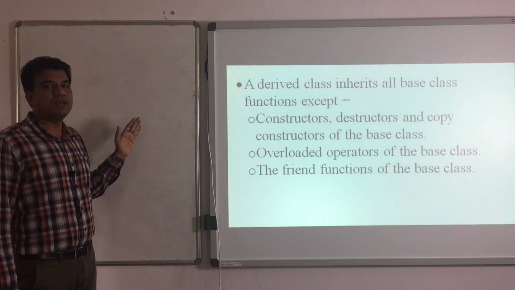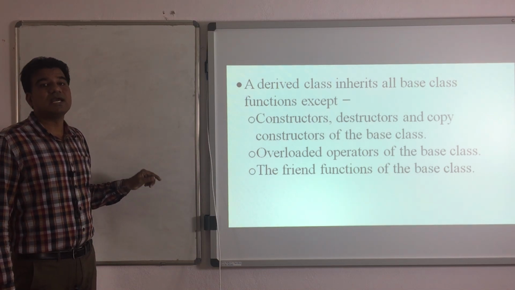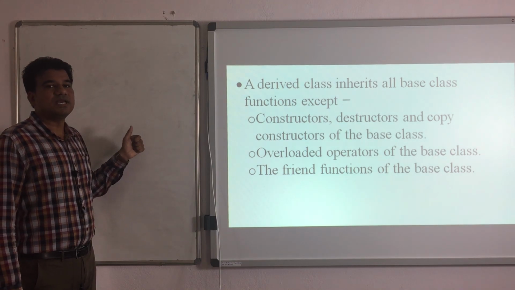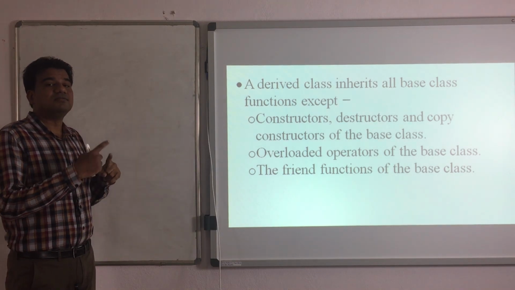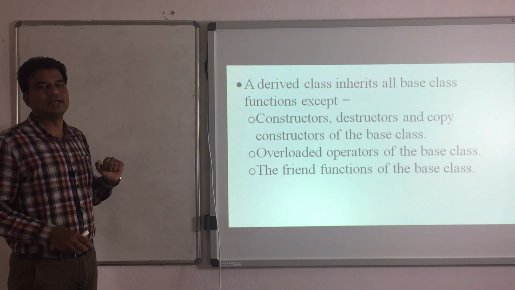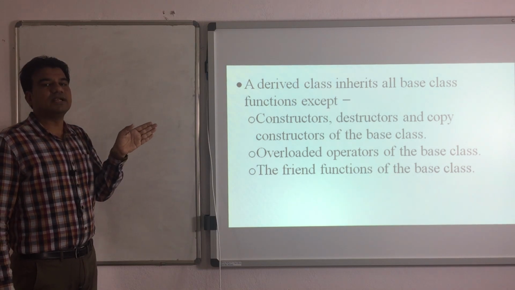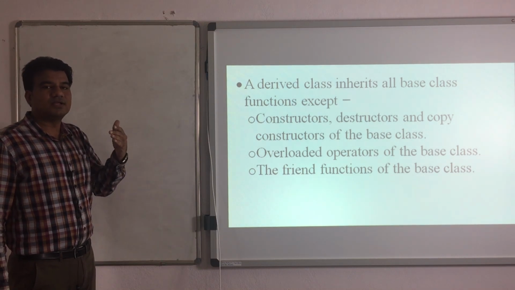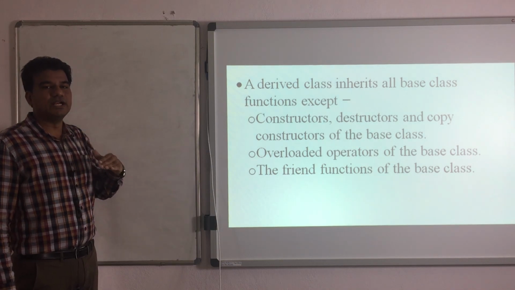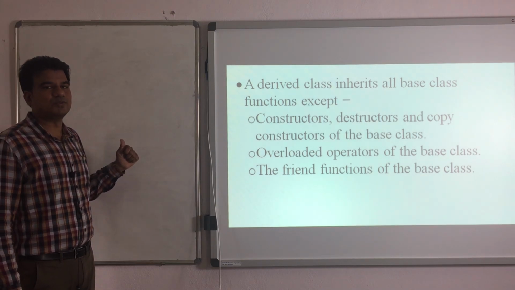The rest of them, like public and protected, we can inherit from the base class to the derived class. And after inheriting the base class members into the derived class, their access specifier depends on the mode of inheritance. Based on that mode of inheritance, our data members will get their new access modifiers in the derived class, which we have seen in our previous video.